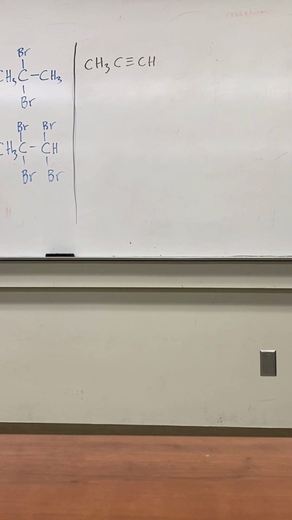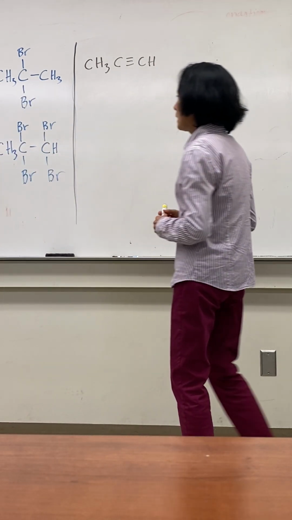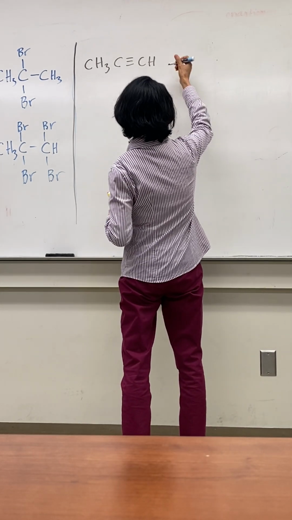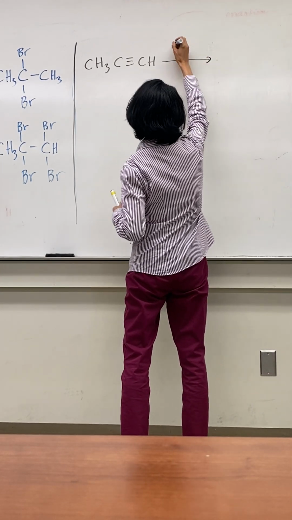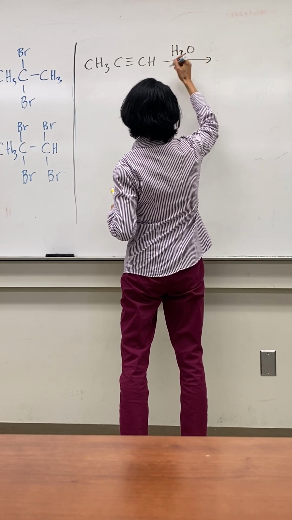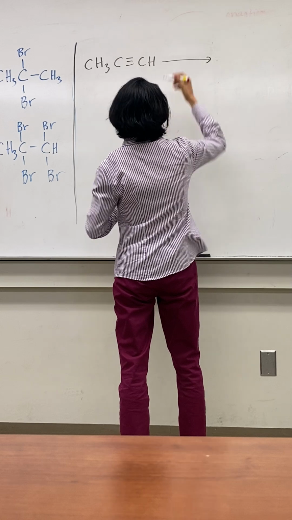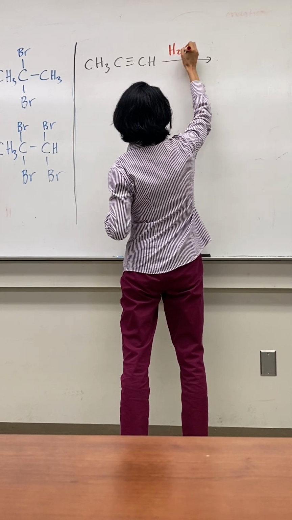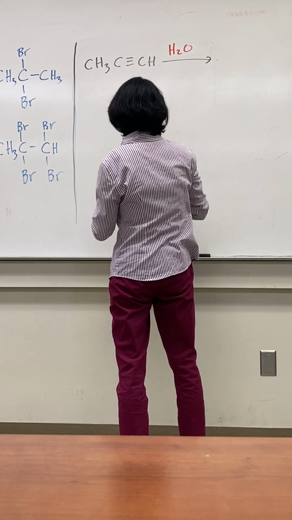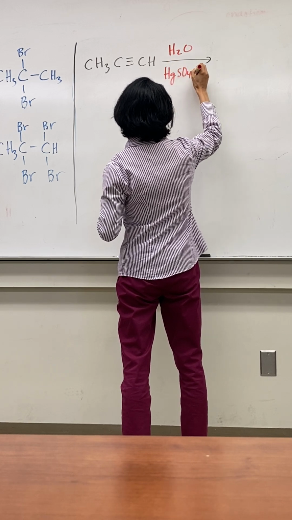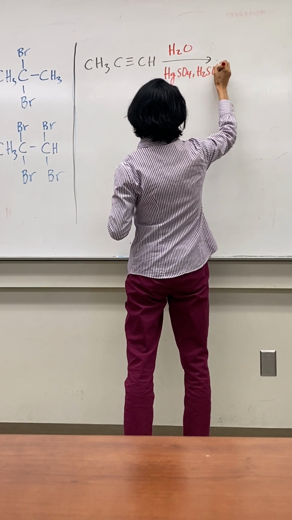Ketone and then an aldehyde. So the condition is you have water, and then the catalyst at the bottom is mercury sulfate and then sulfuric acid.